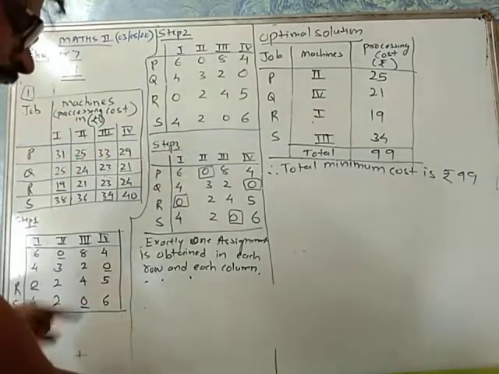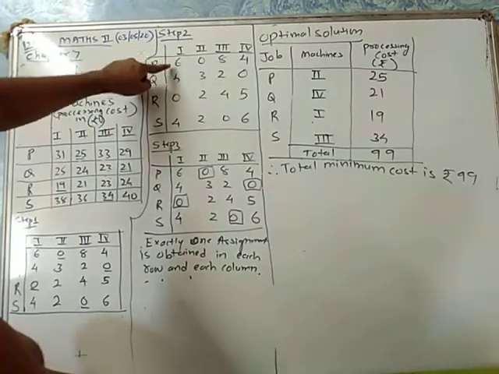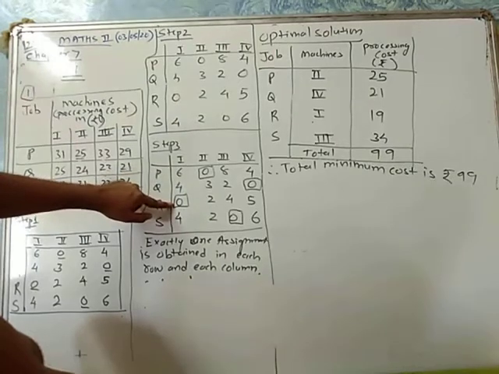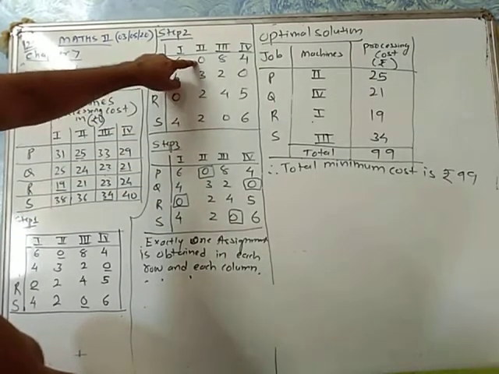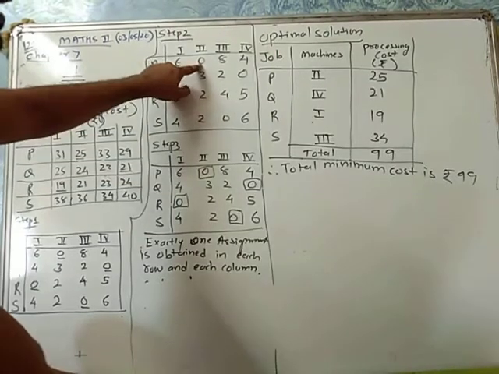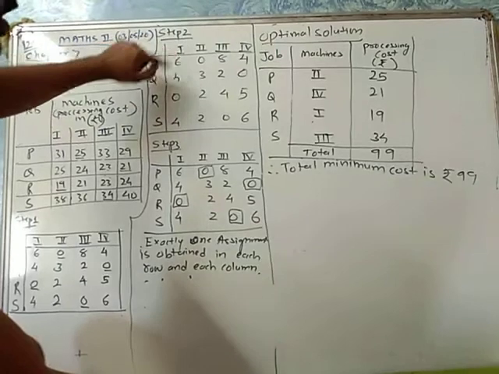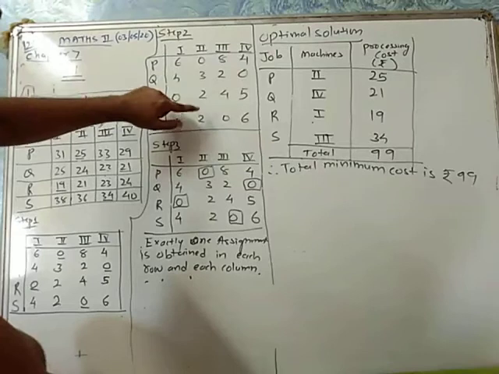Now you should examine column wise. In the first column there is a single zero that already has been marked. In the second column also there is a single zero that already has been marked. Whenever we mark zero, if there is any zero in that particular column or row, we should cancel it, but there are no such zeros in this sum.